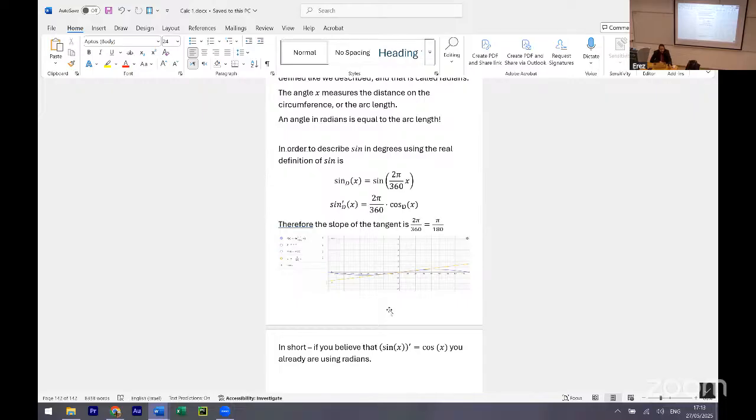When you do geometry, you put degrees, the calculator fixes that for you, and you are never put to the test because you don't actually do anything with the actual function of sine. But in calculus, when you analyze the graph of the function, you have to use radians. Otherwise, you get the nonsense result that you just saw. Okay?